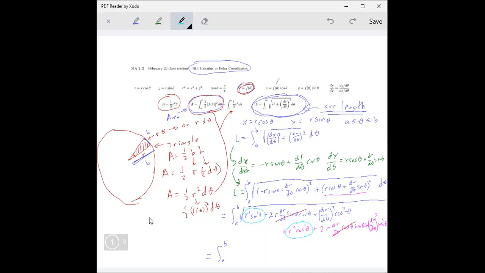And you know that sine squared plus cosine squared is 1. So this is just going to be r squared.